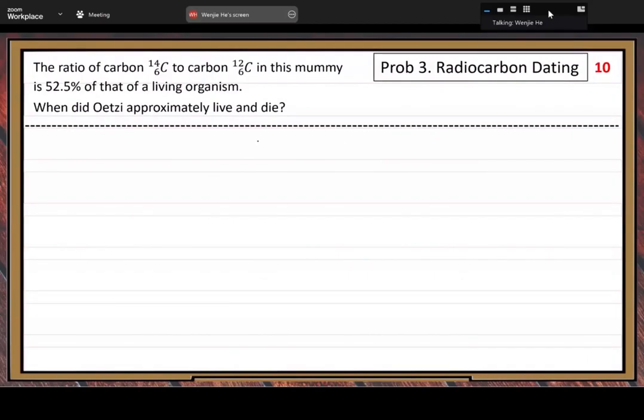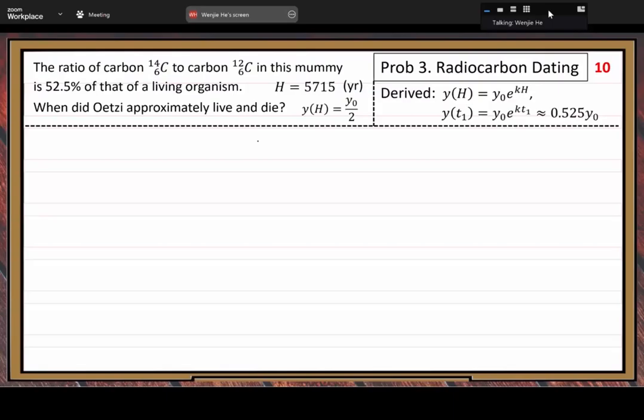So the last slide, we need to solve and find the answer. The half-life is given, and from its meaning we derived the half-life equation.